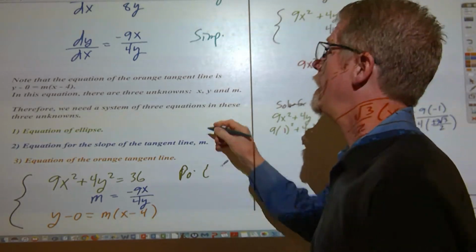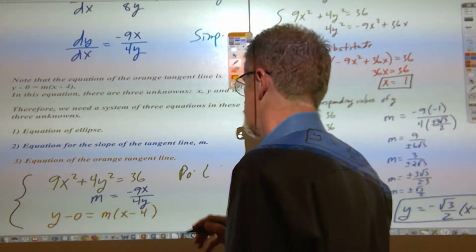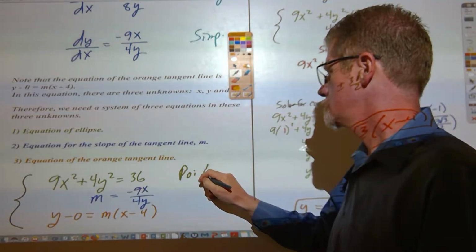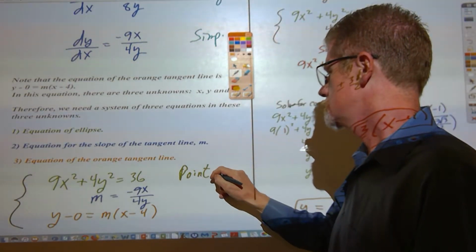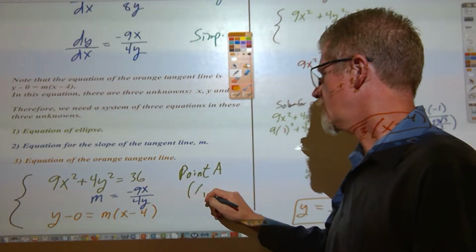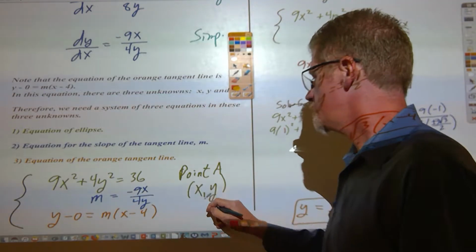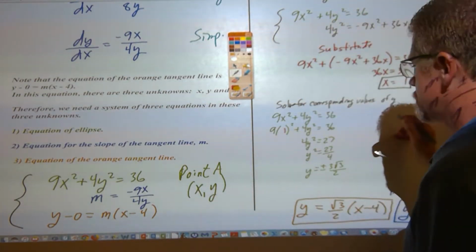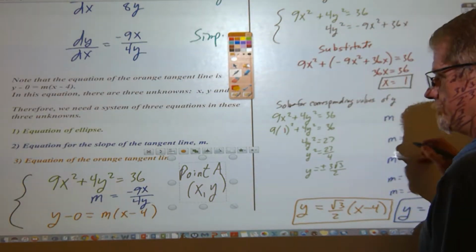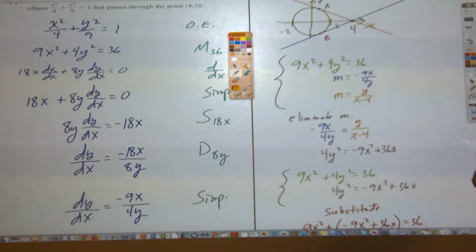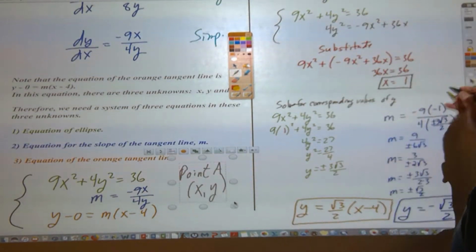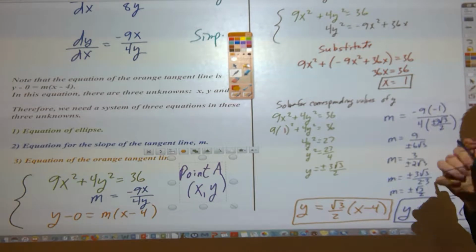Point A is located at x, y. And this is what it would be nice to know. It sure would be nice to know the coordinates of point A. Now, point A happens to be labeled in purple. So I'm going to change the color of this to purple to make that connection there.